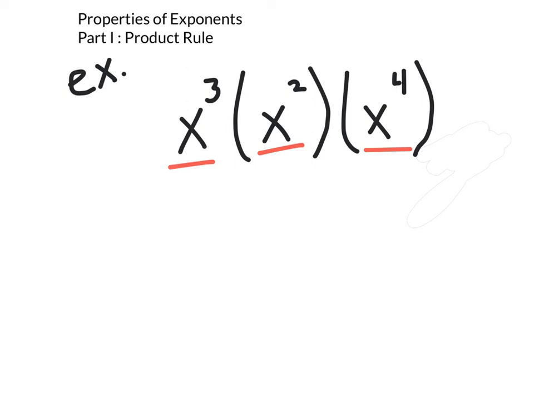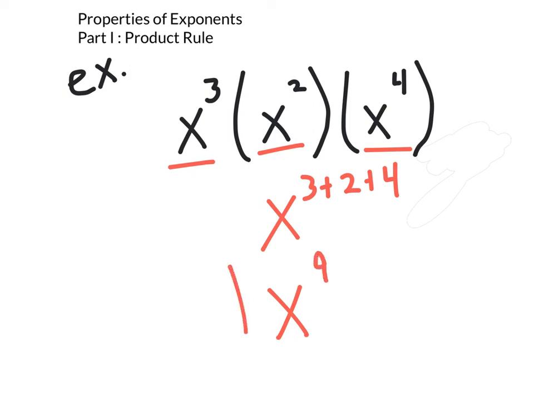So if I count all of the x's up, I'm going to take the 3 and add 2 and add 4 more to it. 3 plus 2 is 5, plus 4 more is going to be 9. Therefore, my answer is going to be x to the 9th.